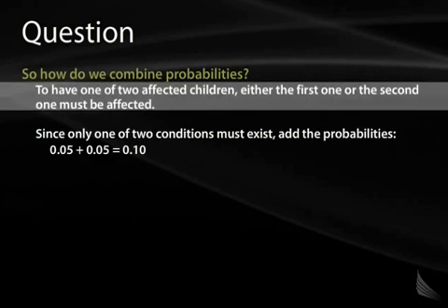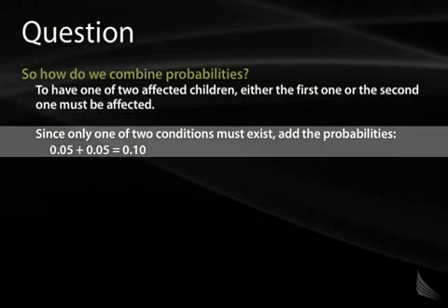Now remember, the question asked that they would have one of two affected children. Therefore, either the first one or the second one must be affected. Since only one of those two conditions has to exist, then we can add those two, right? We figured out the probability for each one individually. The probability that the first offspring would be affected is 0.05. The probability that the second offspring would be affected is the same, 0.05.